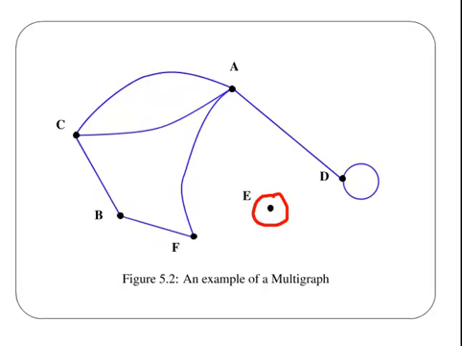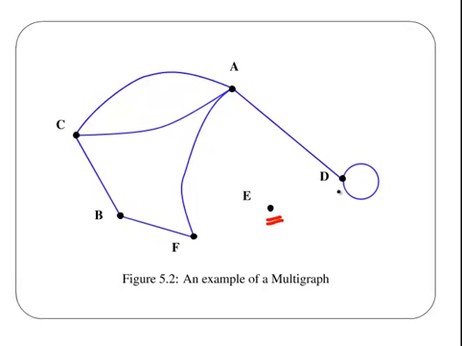Now, an example of a multigraph. This is just something I'll bring into play later. I just have the graphic here. So this is a graph. It's got vertices. It's got edges. A couple of things to remark upon here. We have a vertex that is on its own.